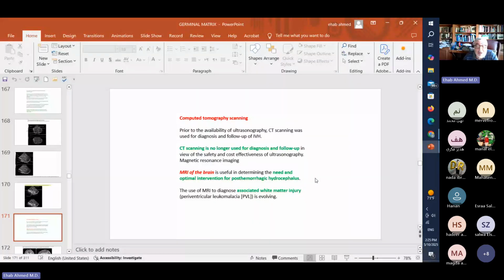So usually it is done late to rule out associated white matter injury, post-hemorrhagic ventricular infarction, dilatation, hydrocephalus, cysts. It is more sensitive than ultrasound in these problems.